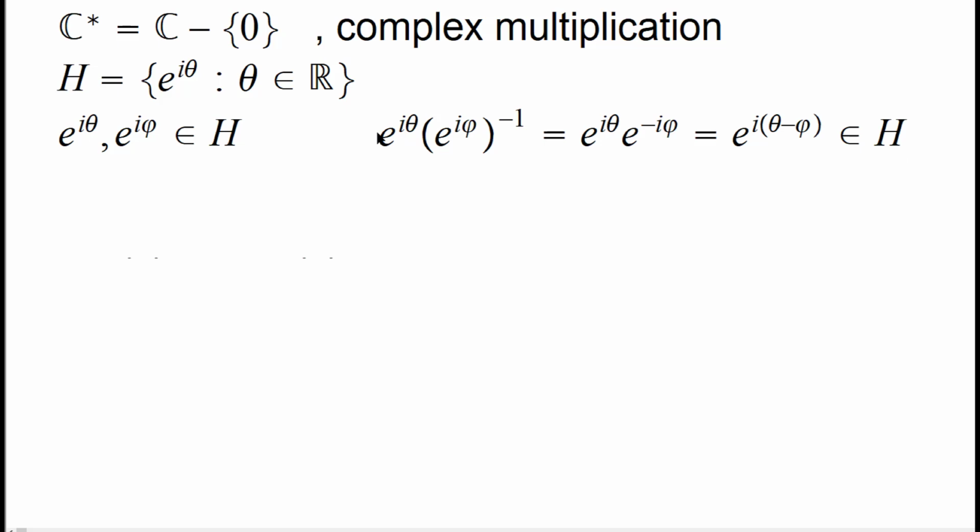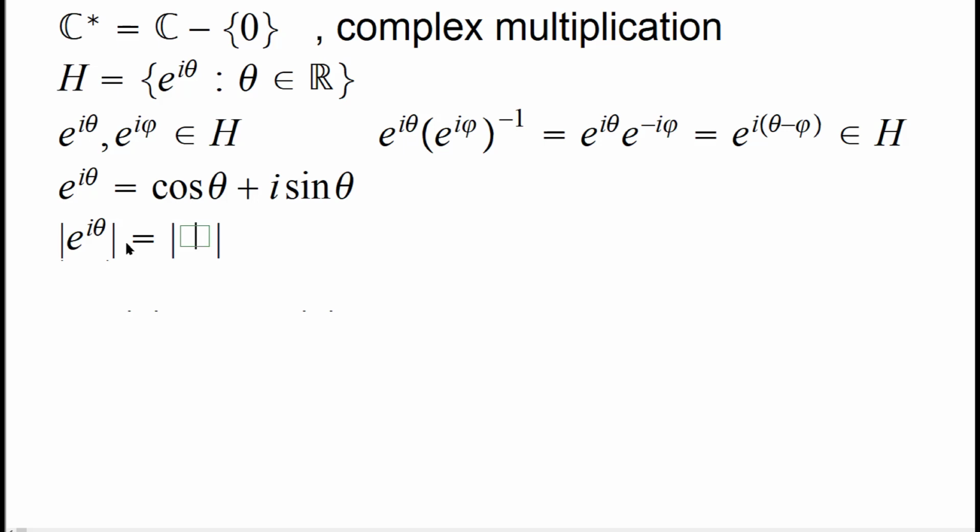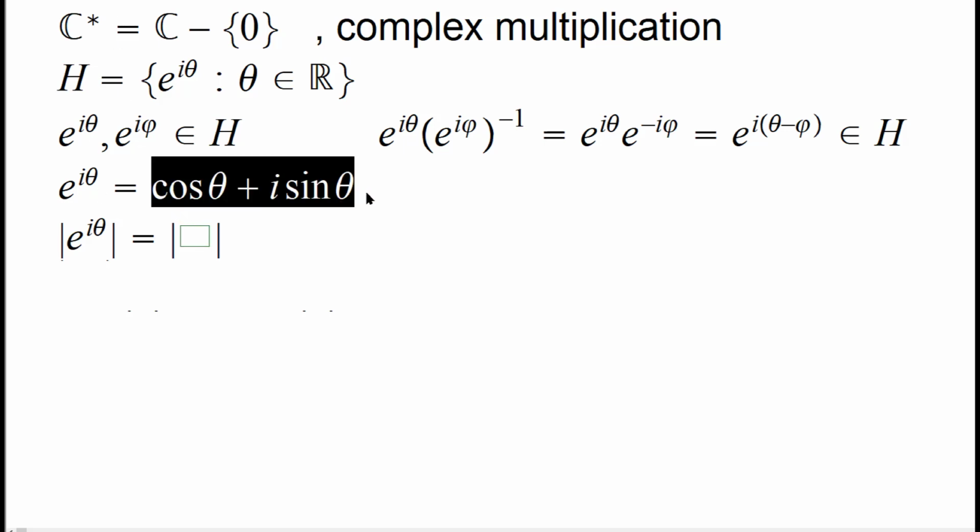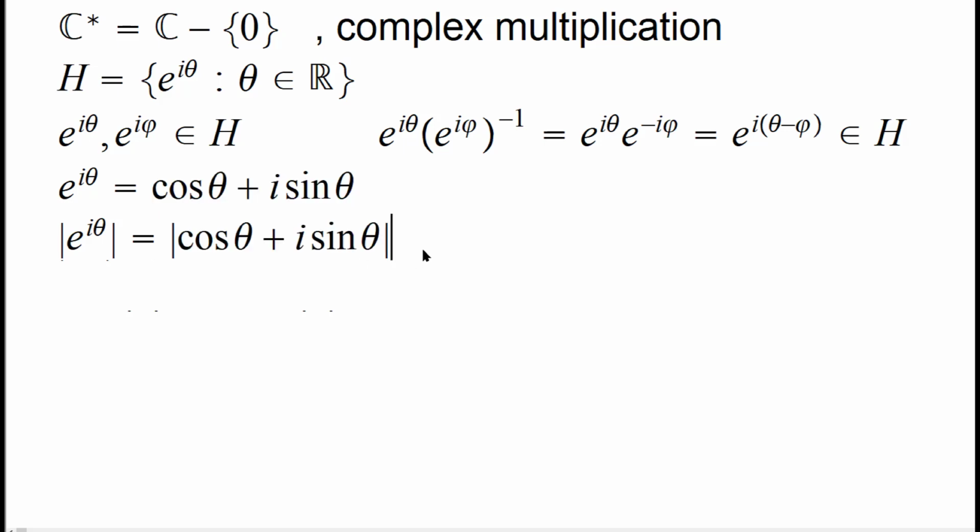And remember, by Euler's formula, we have another representation of this value, that is, we may call it cosine theta plus i sine theta, right? And so where do all these live? Here, if you look at the magnitude of e to the i theta, that will be the magnitude of cosine theta plus i sine theta, and which equals how much?